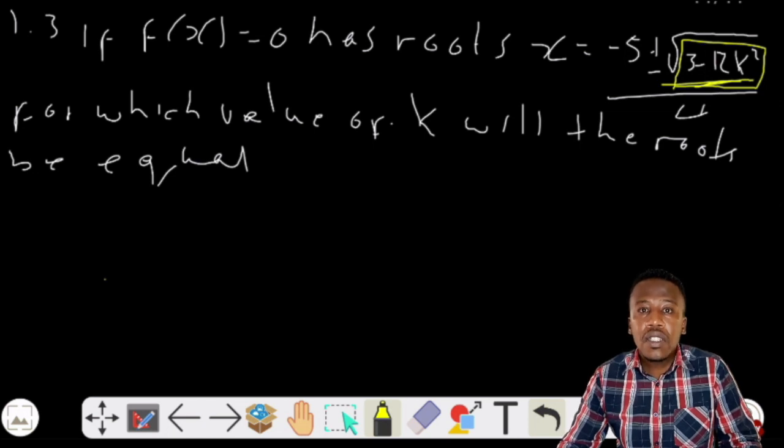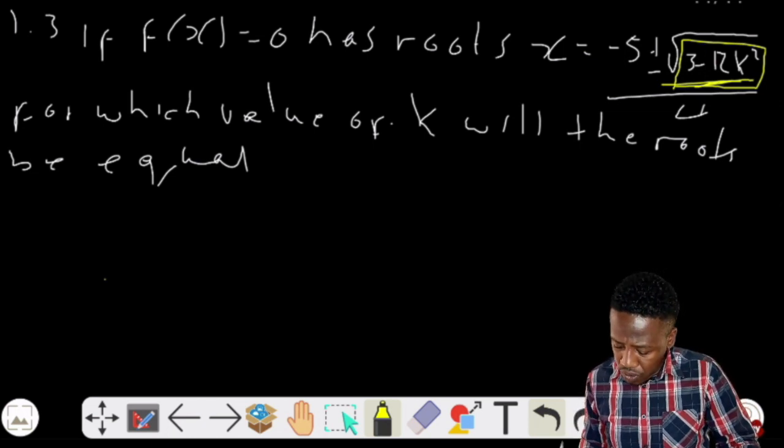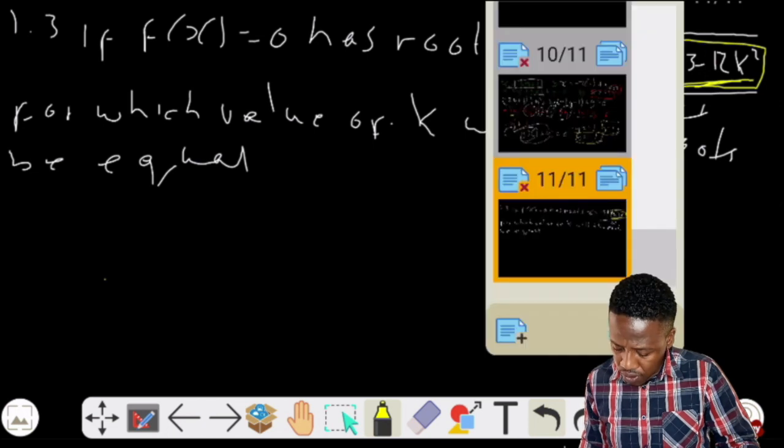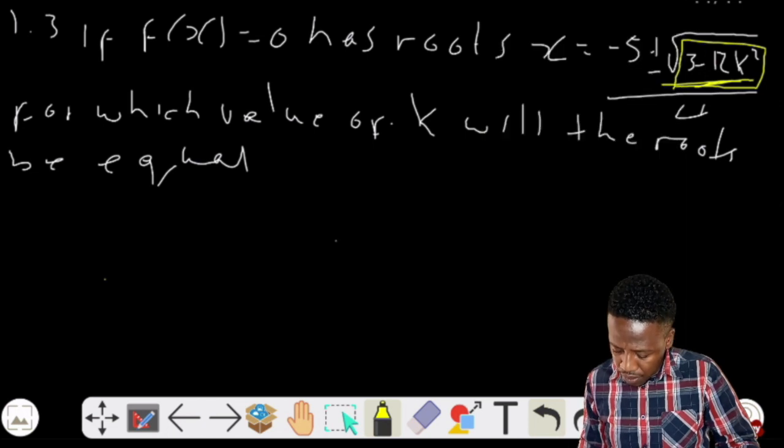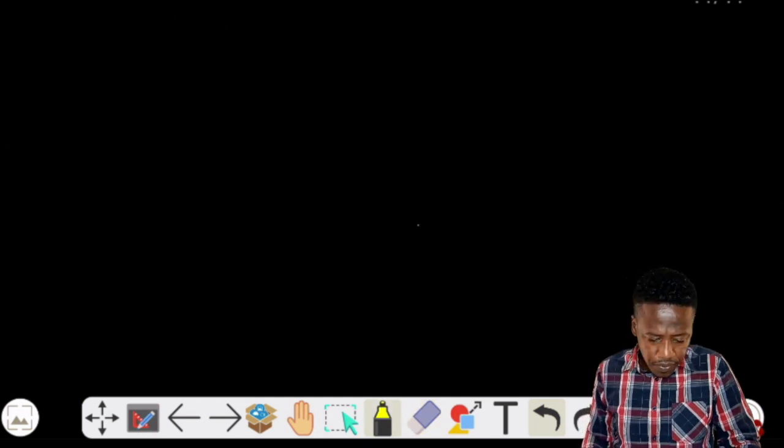Meaning if we have a 0, we have real equal roots, right? Now let's try to solve it. Let me clear my board. Let's try to solve it.